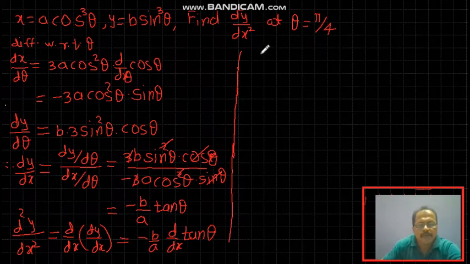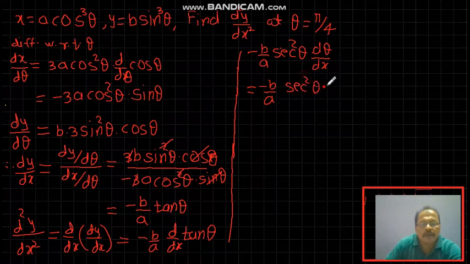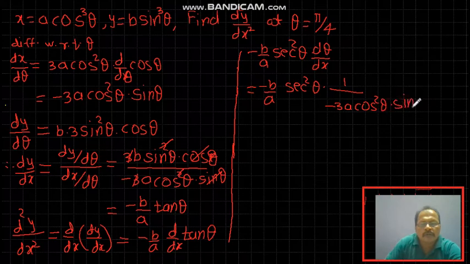Minus b by a, the derivative of tan theta with respect to x is sec square theta into d theta by dx, equal to minus b upon a sec square theta into 1 upon dx by d theta. dx by d theta is minus 3a cos square theta into sin theta.